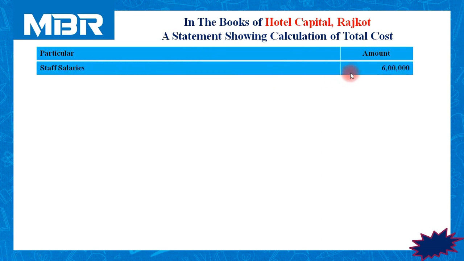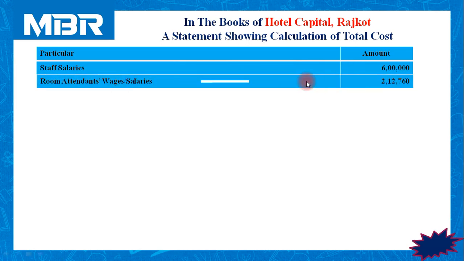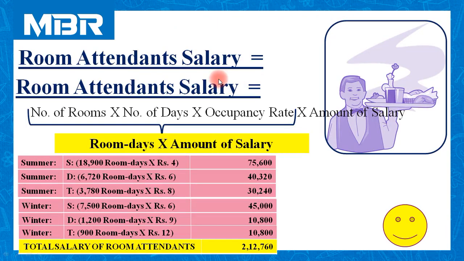Staff salaries rupees 6 lakhs given to us in ready-made form. Room attendants wages or salaries 2 lakhs 12,760. If you are not clear for this calculation, you can check this working note that we have prepared for the calculation of room attendant's salary.